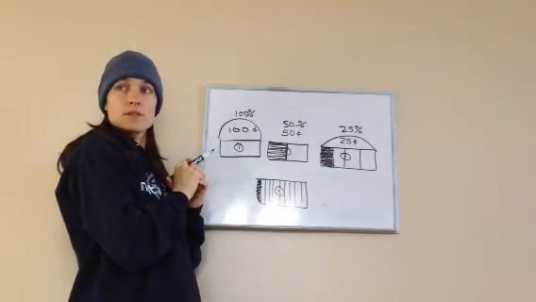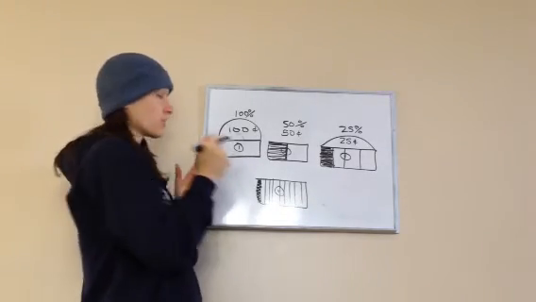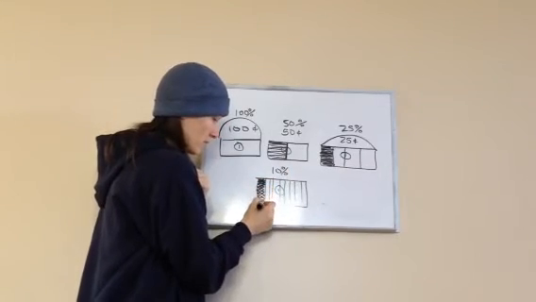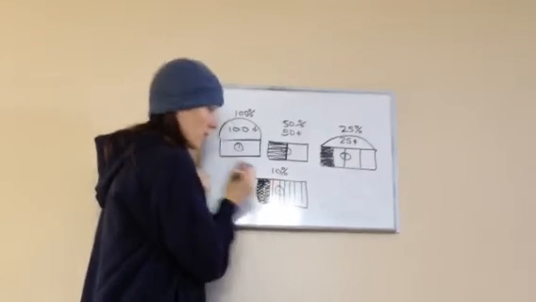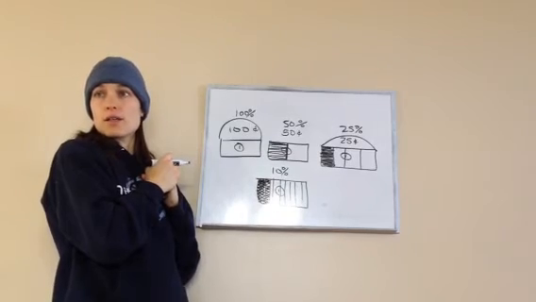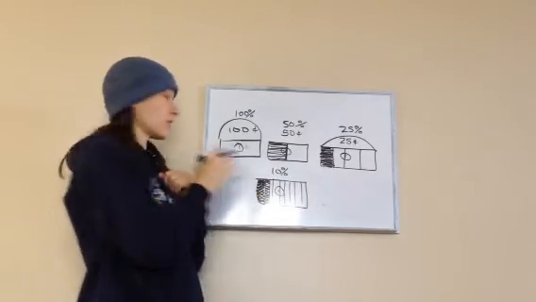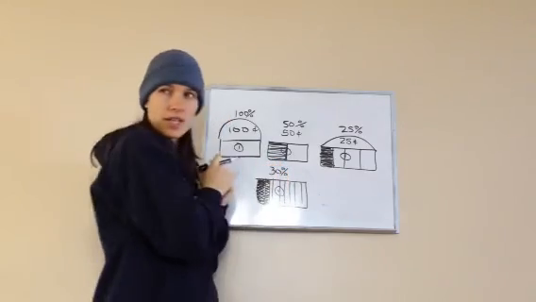If that's 10, that would be 10% shaded. Very good. And what if I filled in 3 of them? What percent of this dollar is shaded? Not 20, I filled in 3 of them. 30. Very good. Do you feel like you understand it?